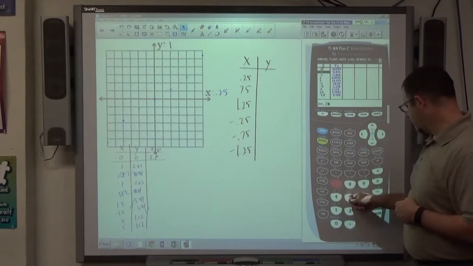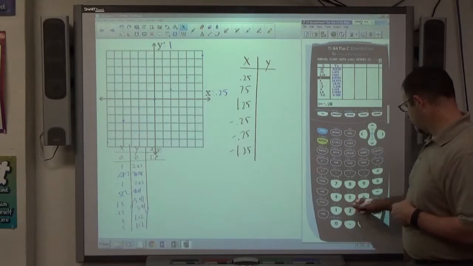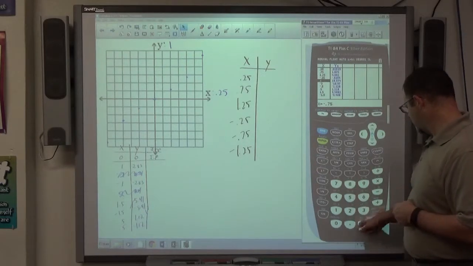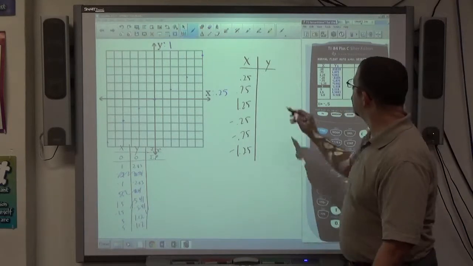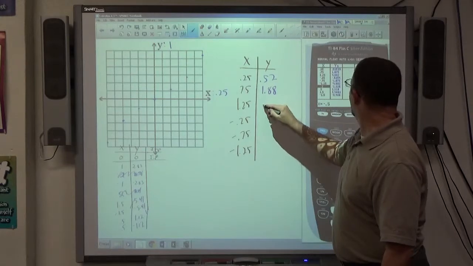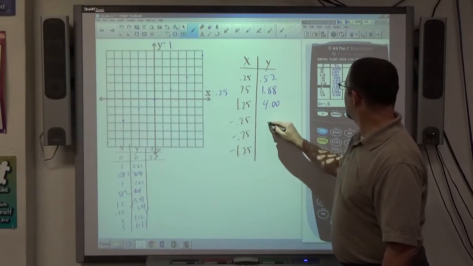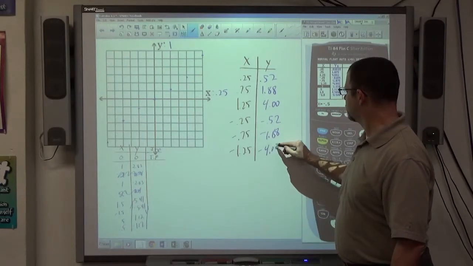0.25, 0.75, 1.25, negative 0.25, negative 0.75, negative 1.25. So we get 0.52, 1.88, 4.00, negative 0.52, negative 1.88, negative 4.00.